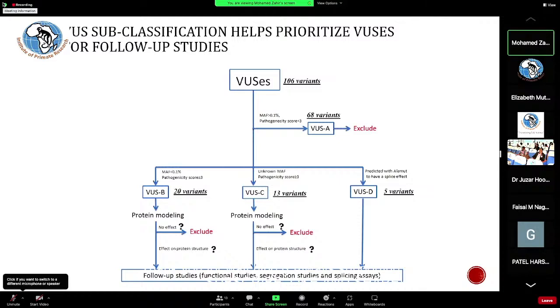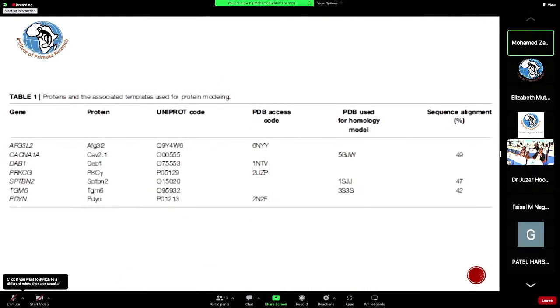We have about 20 variants that belong to class B, 13 variants in class C, and about 5 variants in class D. To be able to do so, protein modeling can be utilized using X-ray crystallography data. For a lot of these genes where X-ray crystallography data is already present, meaning the protein has extensively been studied, it is important for us to understand how these variants would affect the hydrophilic and hydrophobic bonds of these protein models.